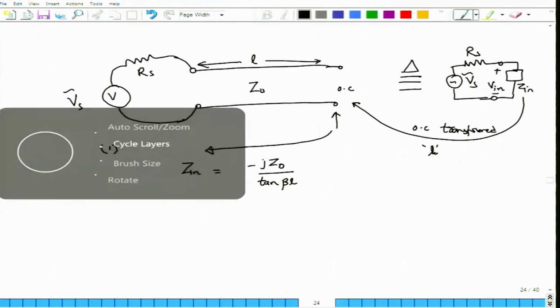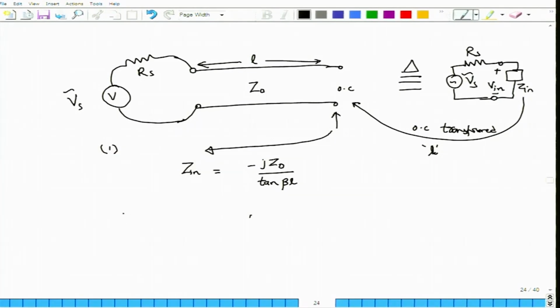So, this is the input impedance that I have. Once I find Zin, it is very easy to find the input phasor Vin. This is the phasor that would appear across the transmission line terminals, across this equivalent circuit, from which we will calculate V0 plus, the amplitude of the forward going voltage.